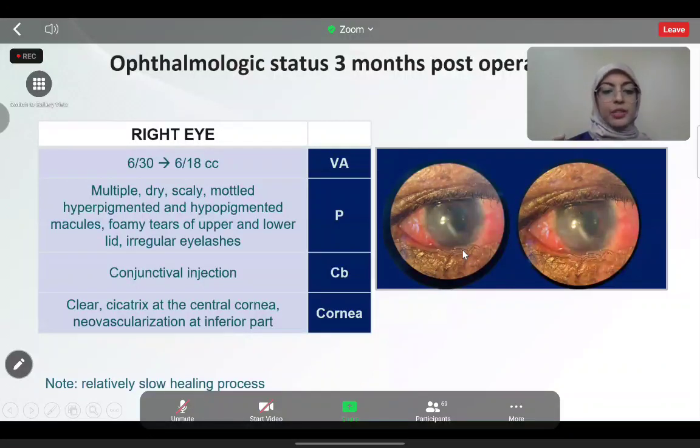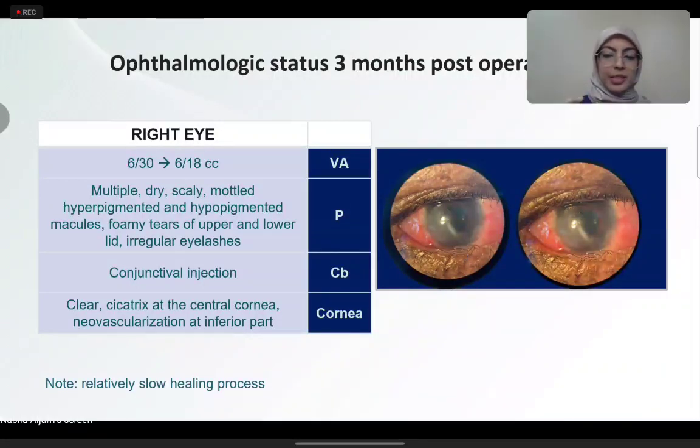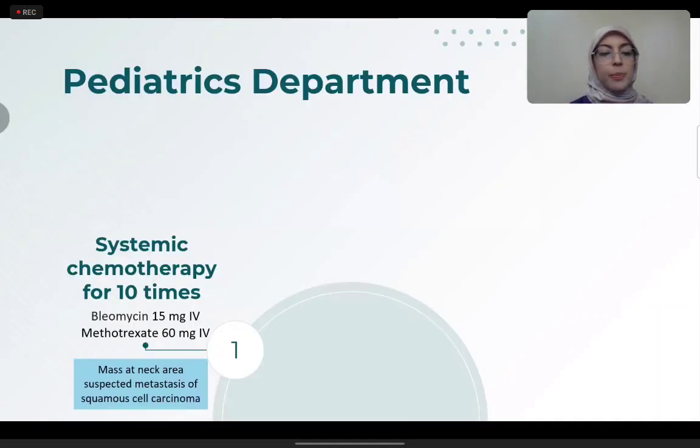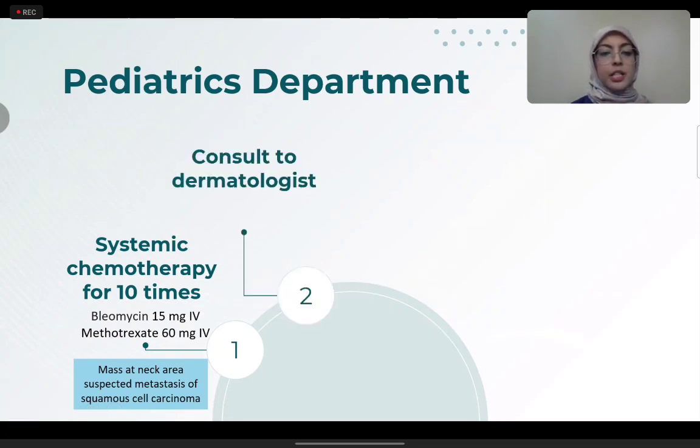We have to note here the relatively slow healing process in this patient because it is hampered by the xeroderma pigmentosum. From the pediatric department, they suspected a mass at the neck area, suspected metastasis of squamous cell carcinoma, and she was given systemic chemotherapy 10 times, with bleomycin and methotrexate intravenously. She was also consulted to dermatologists.